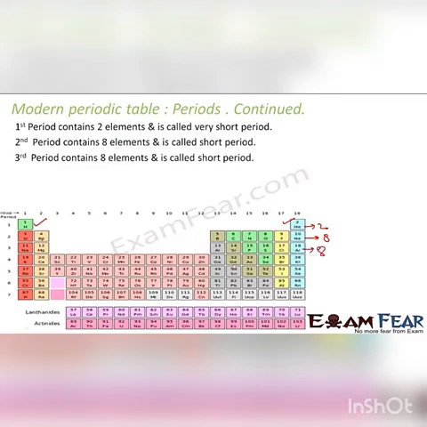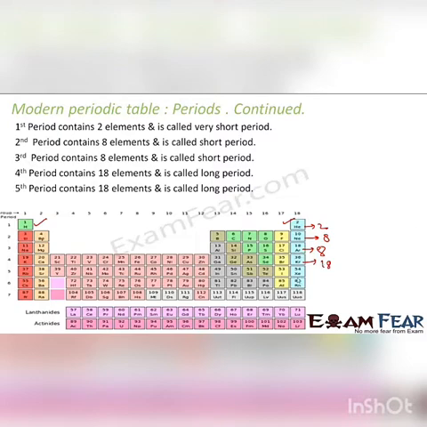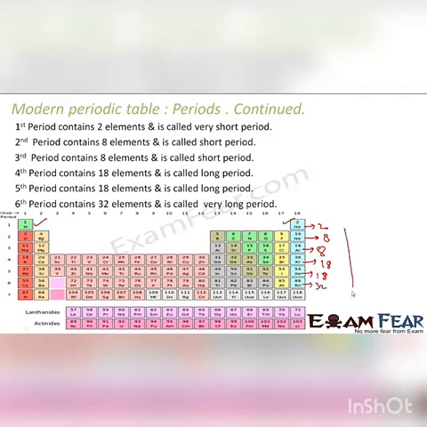It also has 8 and is called short. Then we have a long one that has 18, and this one also has 18. This one has 32. So it keeps increasing. There are 7 periods only.